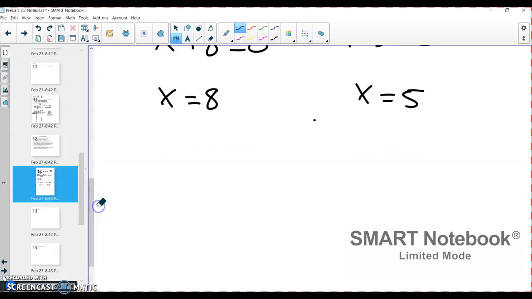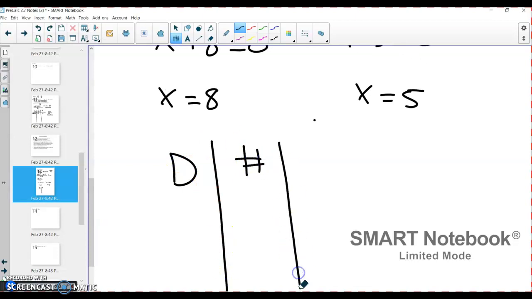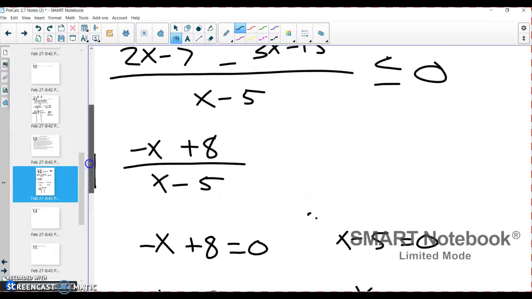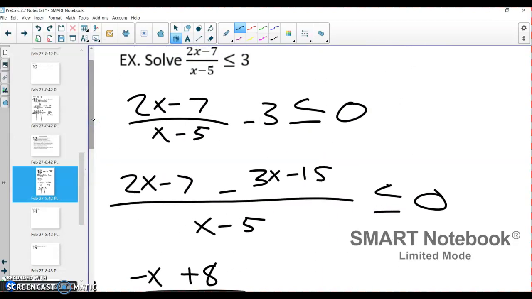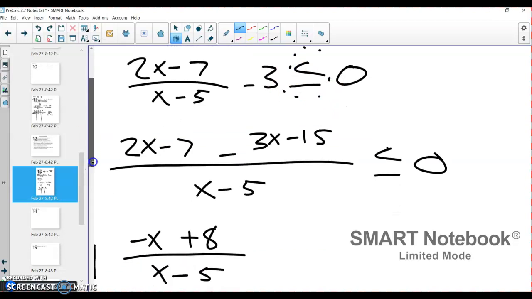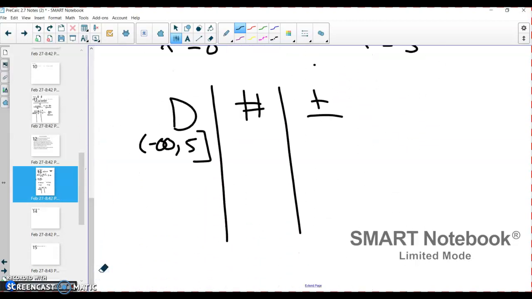and then I can set up my table. Domain, number, plus or minus. My domain is going to be negative infinity to 5, and this time I'm going to use a closed bracket, okay? And I'm using a closed bracket because we have a less than or equal to, and so we got to use closed brackets on our numbers, okay?